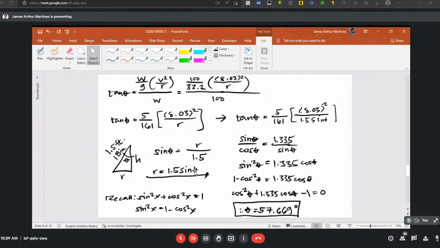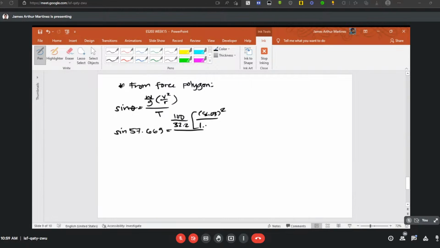We don't have an exact value for the radius, but we can compute it if we substitute our angle theta into the equation for the radius, 1.5 sine theta. So we will just leave it as is, 1.5 sine of 57.669, all over T, the tension, which is unknown.